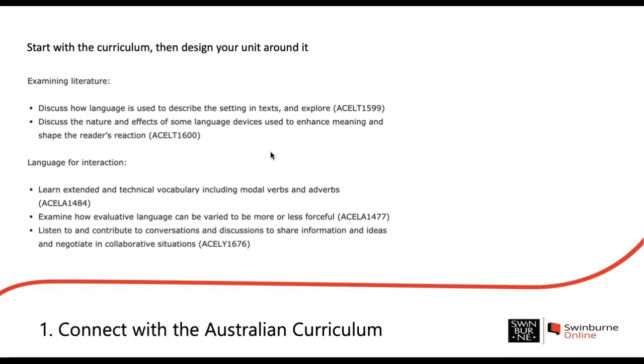So when we're having a look at language devices, we really need some sort of really rich text where an author has used these particular strategies explicitly, because I know when I get to my pedagogy, I need to model this. I know when I get to my group work that I want kids exploring some really good text around language devices and how an author has built up some sort of visual imagery about what they want us to feel about the setting, about the characters.